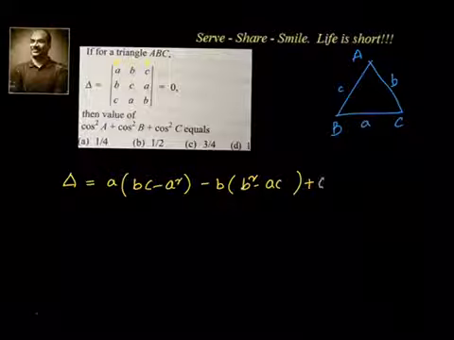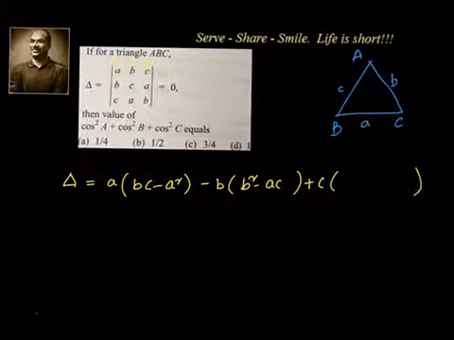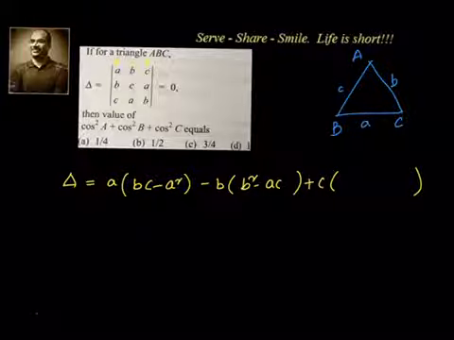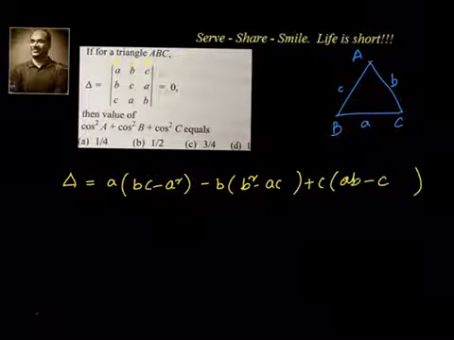Then plus C into, again eliminate the row and column which has C, that means we eliminate this row and this column. That means we have to take the determinant of this 2 by 2 matrix, that is AB minus C square. So I can write C into AB minus C square.